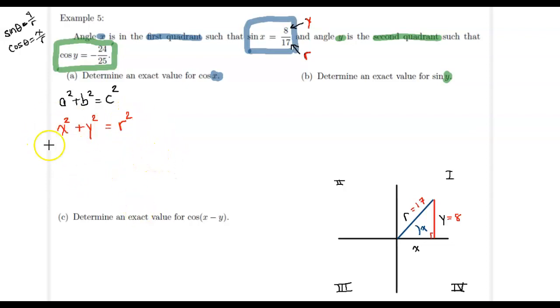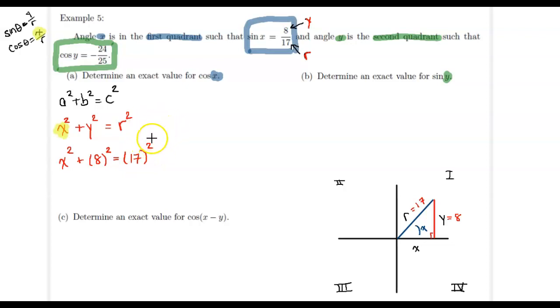We're going to be solving for that missing x because that's the piece we don't have here. So let's plug in my numbers. I don't know what x is, so that's what I'm solving for, but my y is 8 and my r is 17.